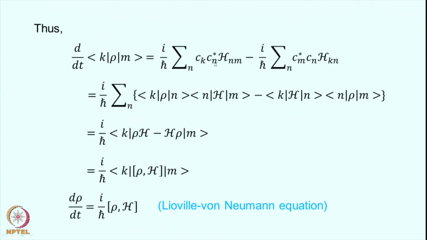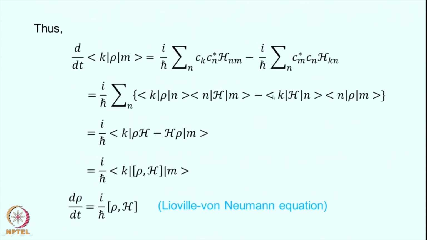Now, for this summation, once again, we write this in terms of the density operator: C_k C_n* is the matrix element ⟨k|ρ|n⟩, and H_nm we retain as it is, ⟨n|H|m⟩.